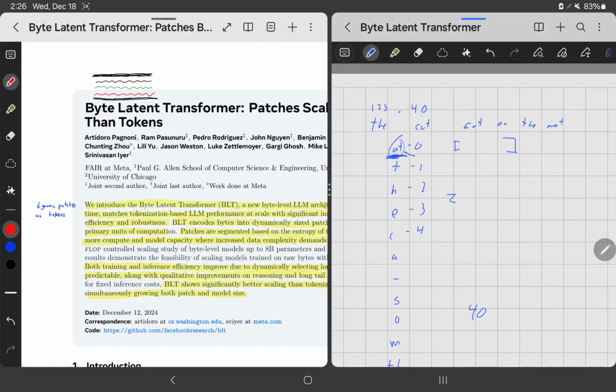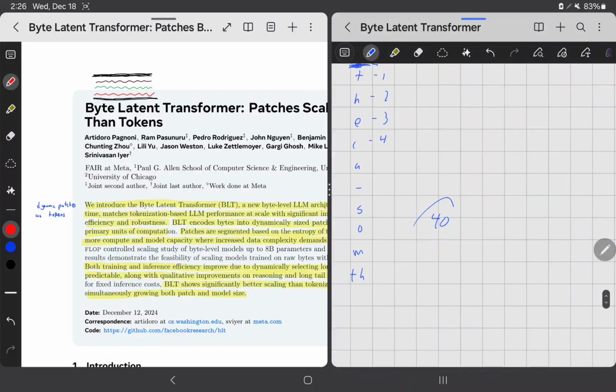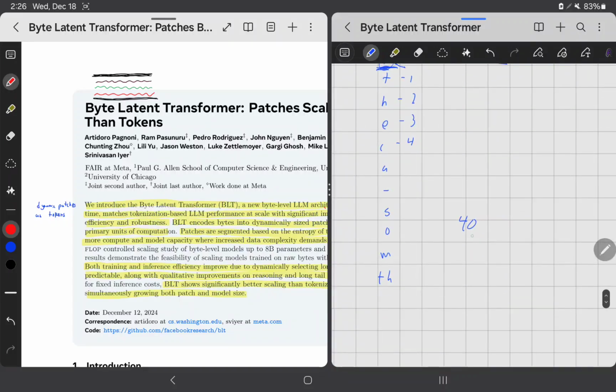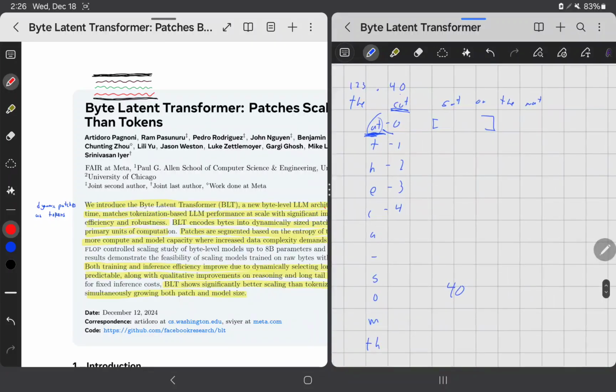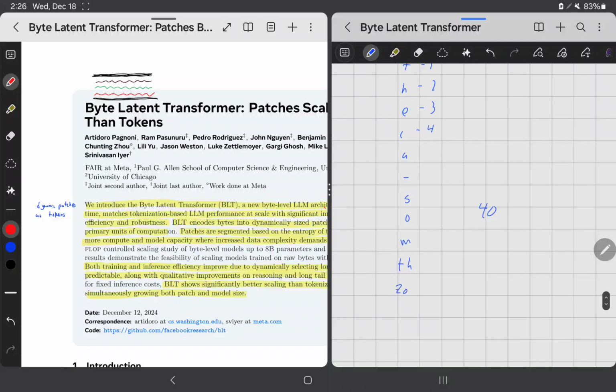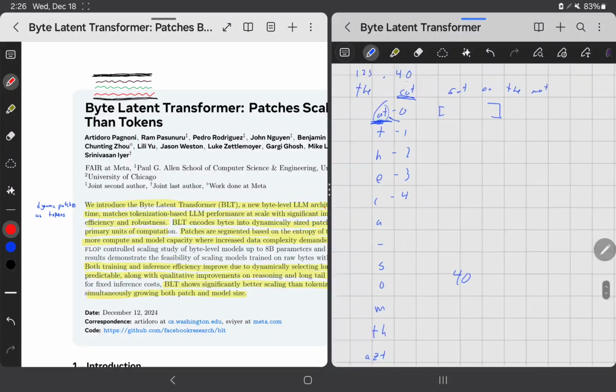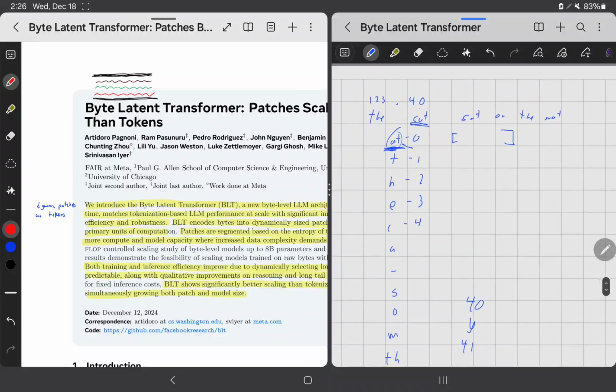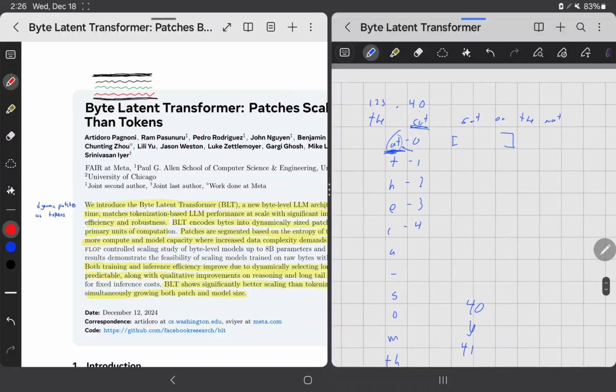Let's say I wanted to add the letter Z after every letter A. It would be difficult for it to do that because it basically has to convert 4.0, whatever this is, cat 4.0, to something completely different. Let's say there was another token down here, which is AZT. It would basically convert 4.0 to 4.1 or something like that. So it's very difficult for it to do that in general because of how we're tokenizing.